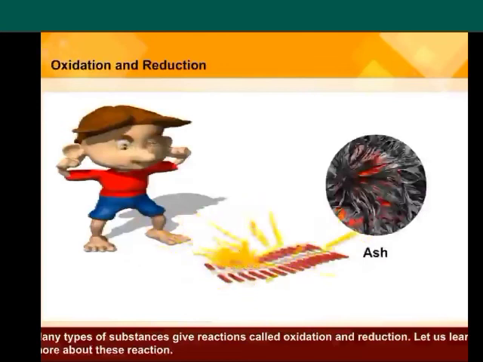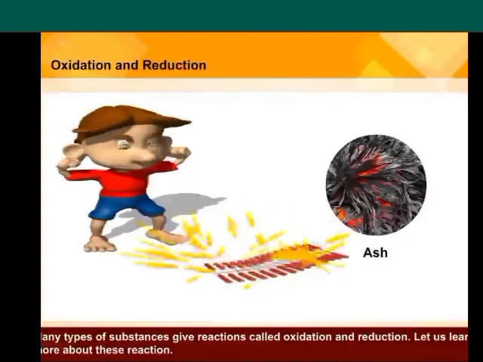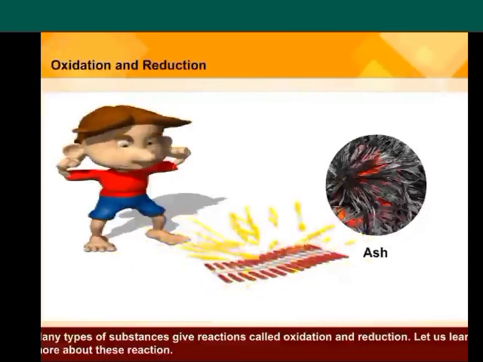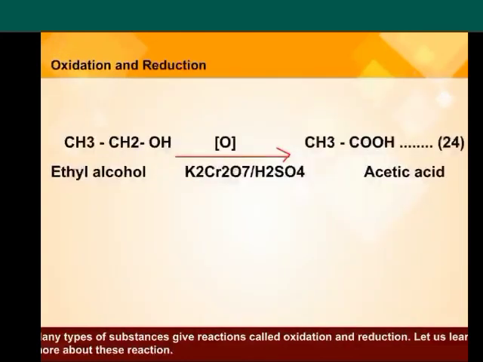The chemical reaction in which a reactant combines with oxygen or loses hydrogen to form the product is called oxidation reaction. Some oxidation reactions are brought about by use of specific chemical substances. For example, CH3-CH2-OH, ethyl alcohol, with [O], K2Cr2O7 / H2SO4 goes to CH3-COOH, acetic acid.